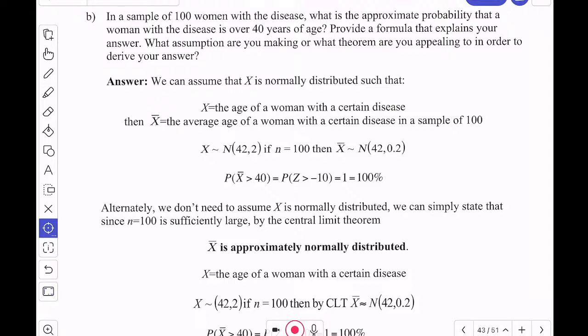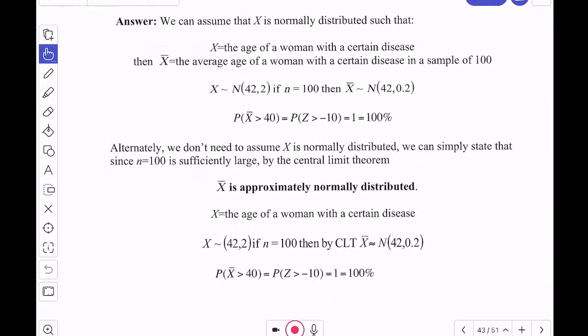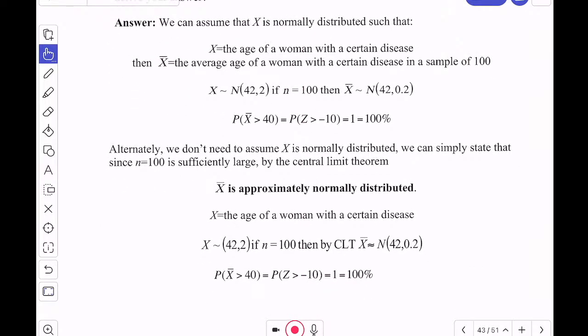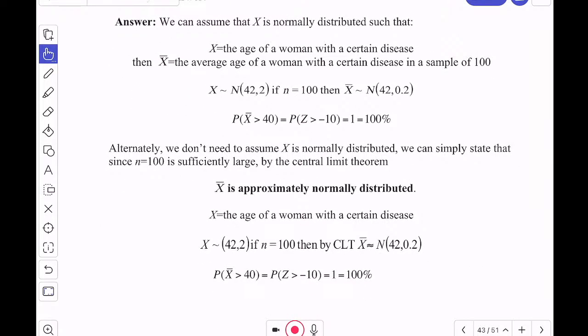Okay, so either you assume normality and you get this result, or you don't assume normality and you use the central limit theorem. Those are my two answers. So either way gets me to the answer of 100% chance.